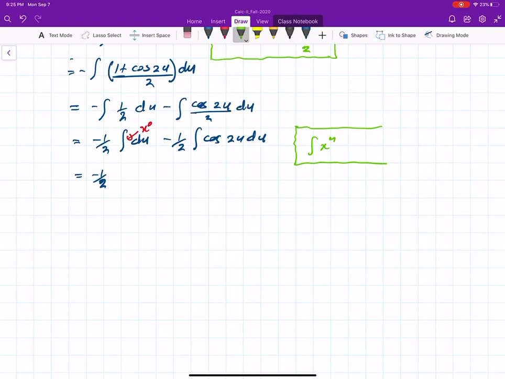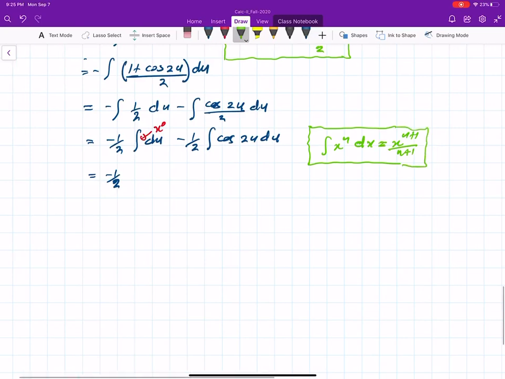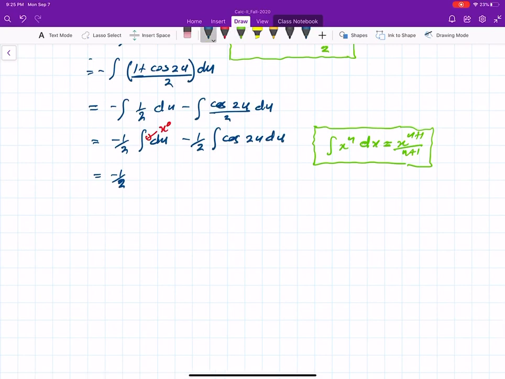If you need to integrate x to the power n, the solution is x to the n plus 1 over n plus 1. You use that formula here. So here you have x to the power 0.